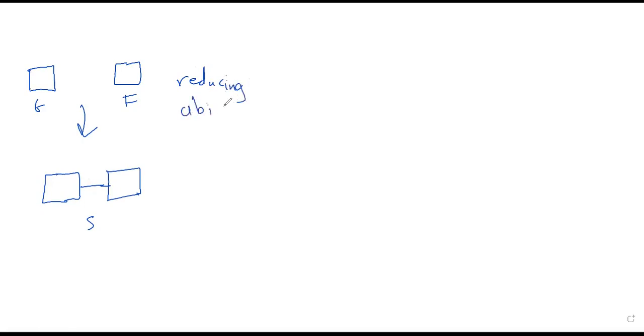Once you join them up, they lose their reducing ability. And because they lose their reducing ability, we say it is a non-reducing sugar. So sucrose is a non-reducing sugar.